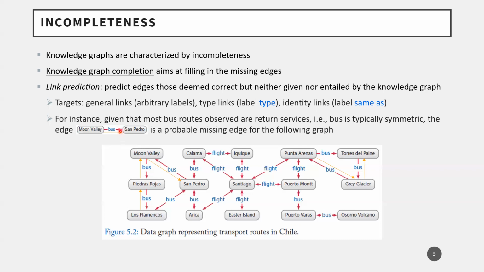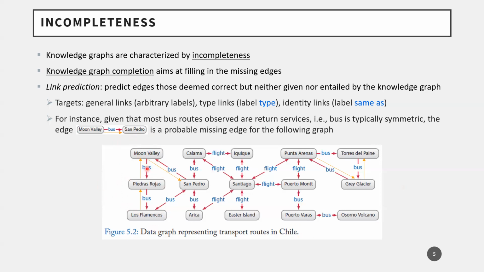Given that most bus routes observe return services, meaning that bus links are typically symmetric, the edge of the bus link from Moon Valley to San Pedro is a probable missing edge, right? It's a very simple example of the link prediction task, because this data graph is incomplete.